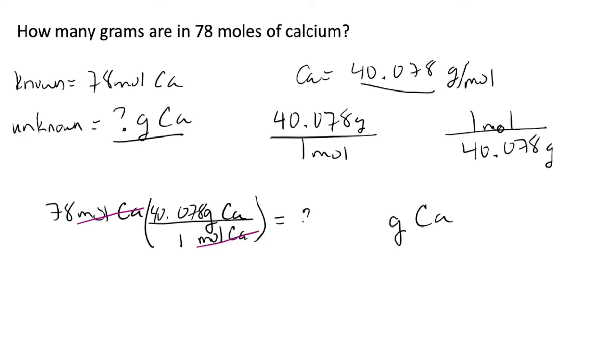And our full answer is 3,126.084 grams of calcium. Since for sig figs we have only two significant figures, this would be 3.1 times 10 to the third grams of calcium.